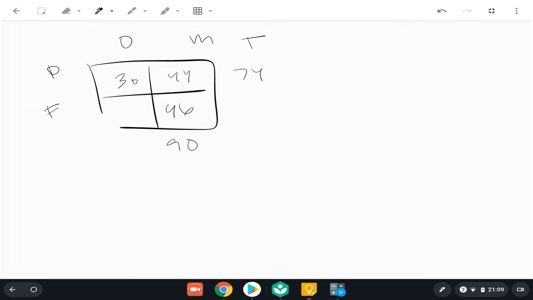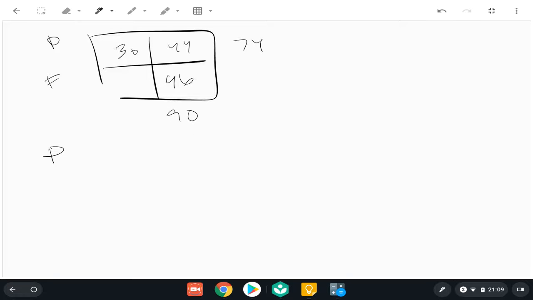So let's make this with P, O, M. All right, so we have R percent, C percent, T percent. 40.54, 42.86, 18.75.